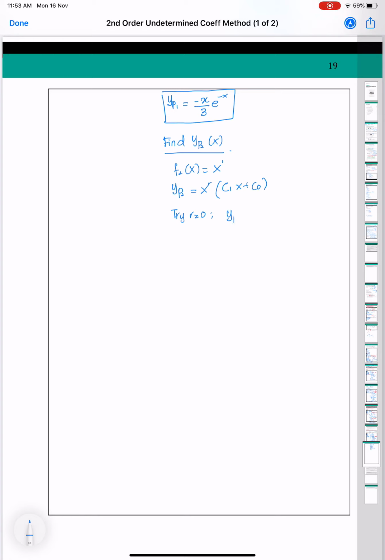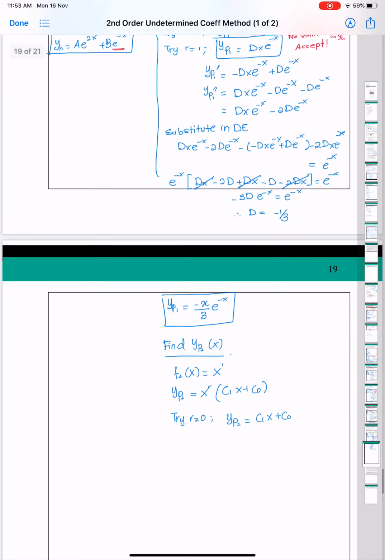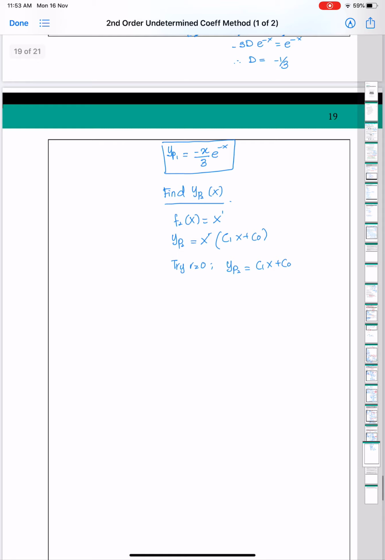I will get yp2 is equal to c1x plus c naught. Now I compare with my yh. No similar term with yh, because in yh both are exponential. So therefore we accept this yp2.